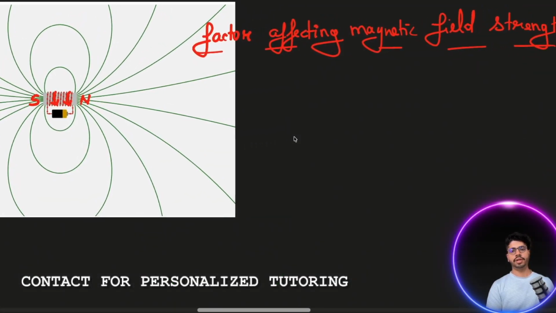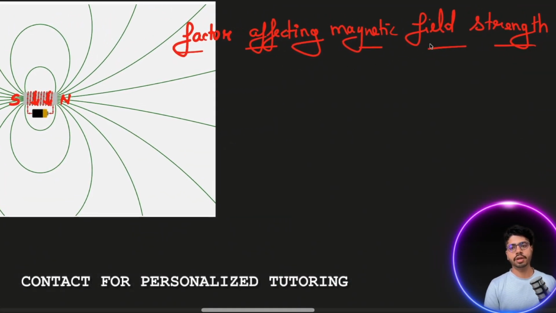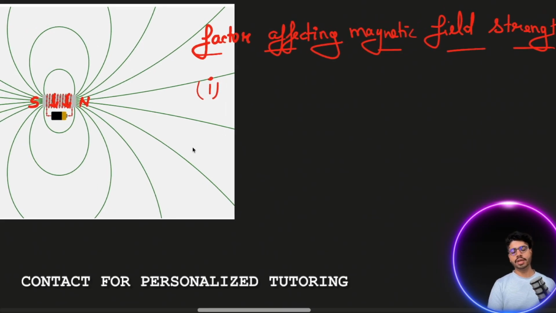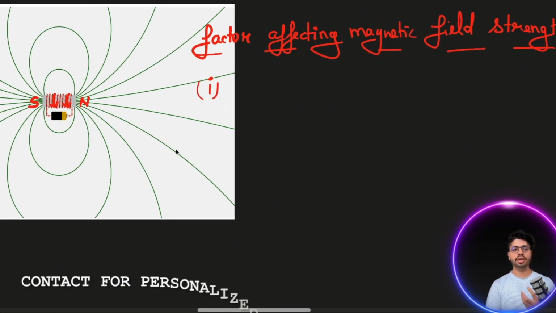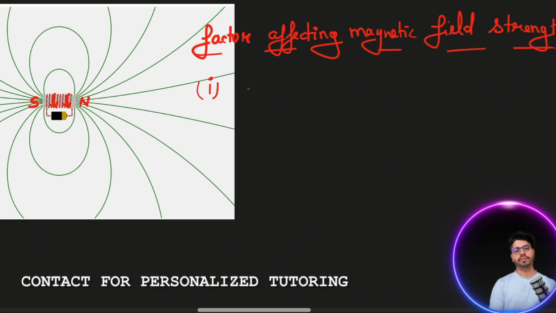These are the factors affecting the magnetic field strength. There are a number of ways you can increase the magnetic field strength inside a solenoid. The first way is to increase the current.